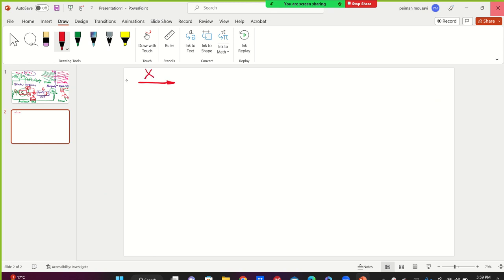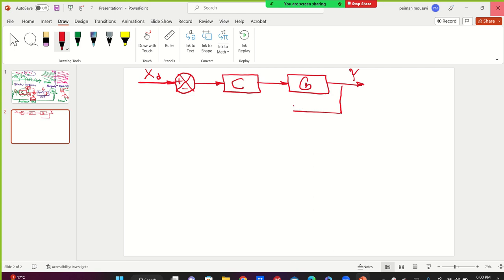You're saying X desired plus minus goes to control unit C, goes to plant G, goes to the real output of the system, is being fed back and sensed by sensor H, is being compared with the desired input, makes you the error signal. And here is U, the control input by the controller.